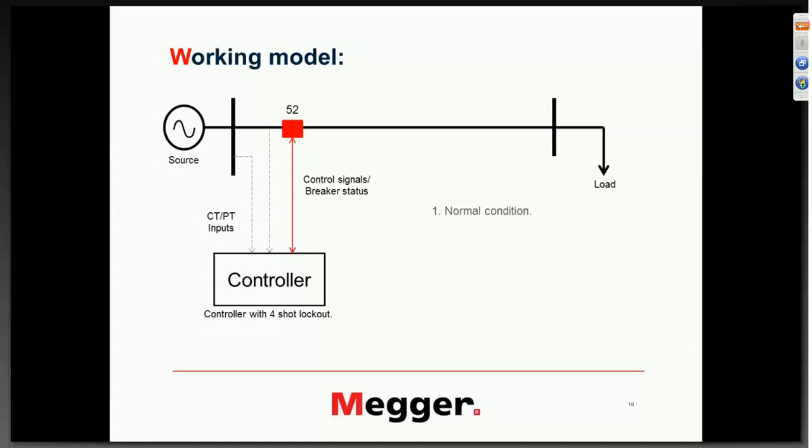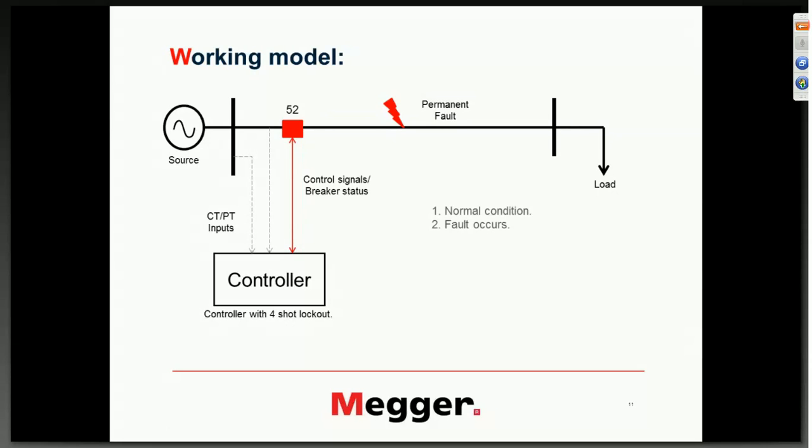In this very simplified picture I showed you, everything is under normal condition. Your circuit breaker is closed and your source is supplying your load, and then a fault occurs.